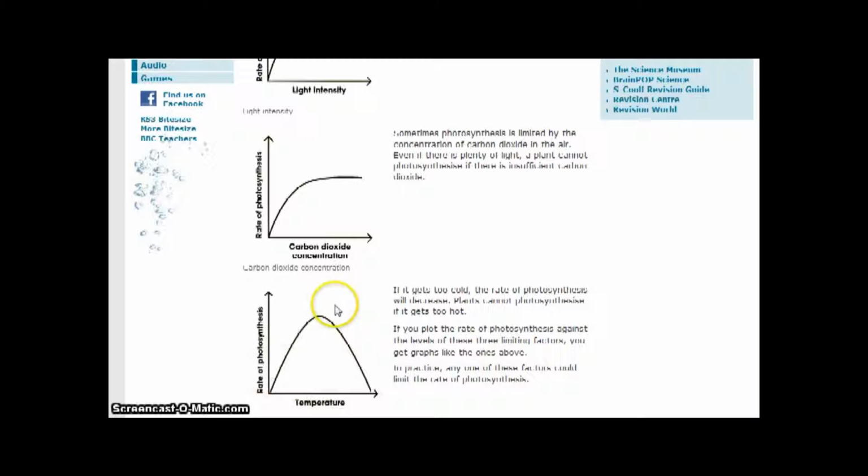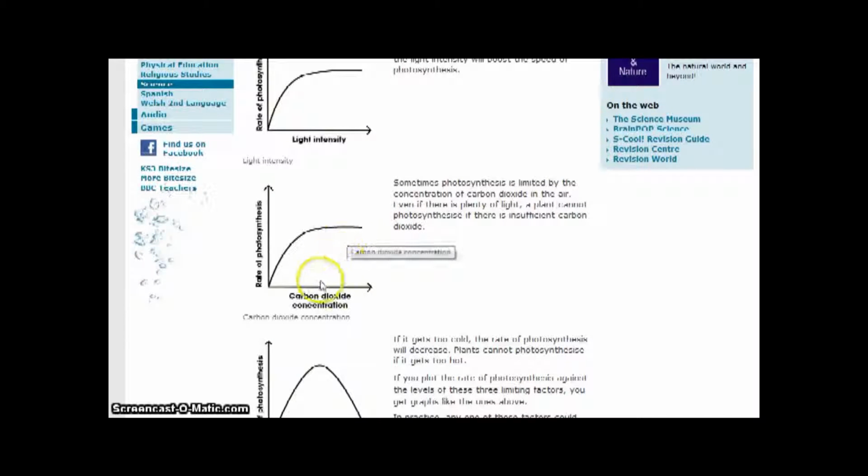And with temperature, if the temperature gets too hot, it kills everything pretty much, and it stops enzymes from working best, and then it decreases the rate of photosynthesis. In humans, the enzymes work best at 37.5 degrees. So we can imagine that for that photosynthesis graph, the optimum temperature there is 30 degrees, let's say, and anything beyond that or before it is not going to be as efficient.